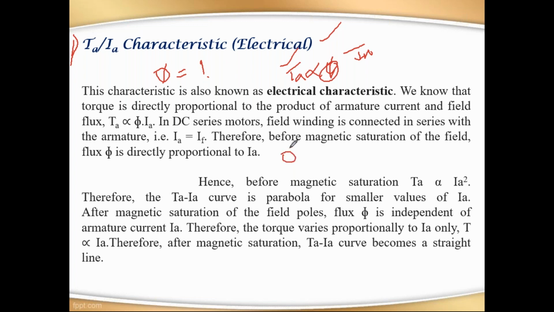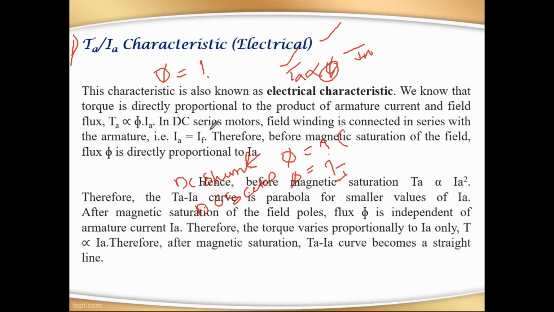What is the phi value for a DC shunt motor and what is the phi value for a DC series motor? Sir, in DC shunt, phi is constant, sir. Right. Series? Phi is equal to Ia, sir.